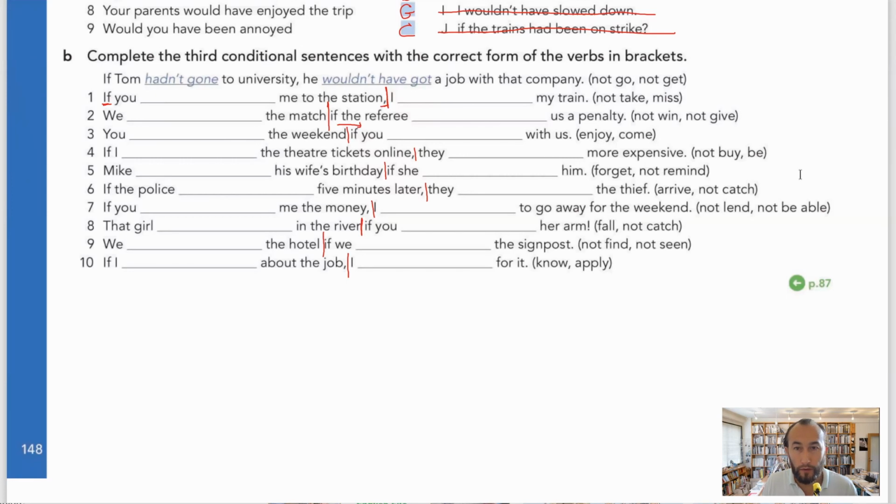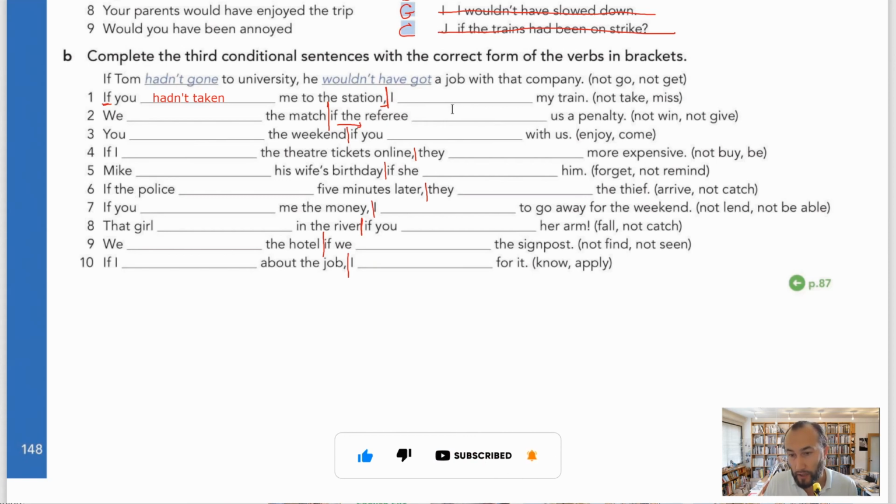Number 1, so if you, the first verb is negative, not take. If I want to make past perfect negative, it would be hadn't taken, right? If you hadn't taken me to the station. Now the second verb is miss.